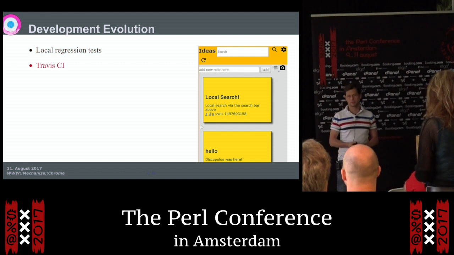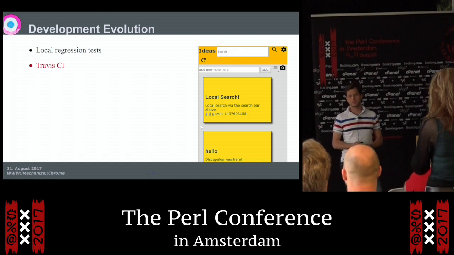And also I want to try out Travis CI, continuous integration. And for that, to get continuous integration with a browser, I need to automate a browser and look at the results within the browser.